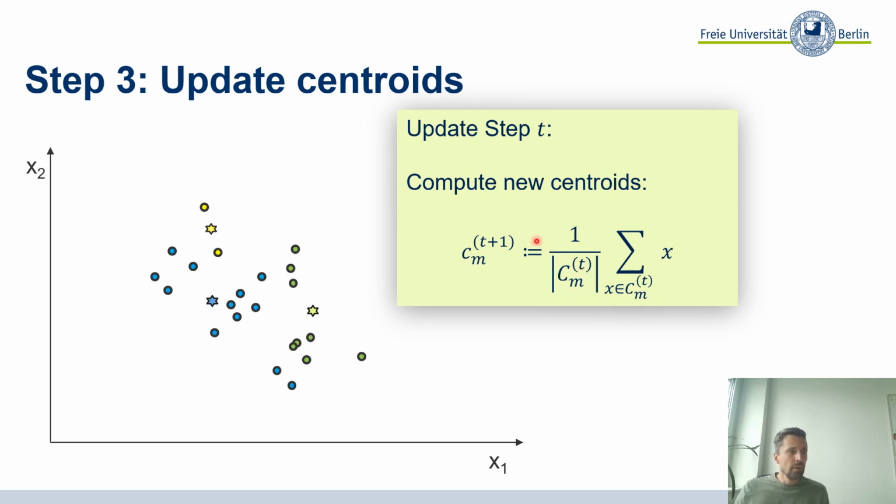So this configuration here is then the intermediate result of an iterative process. So we will now repeat the assignment step 2 and the update step 3.